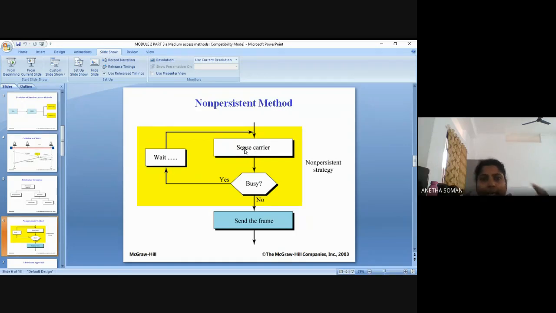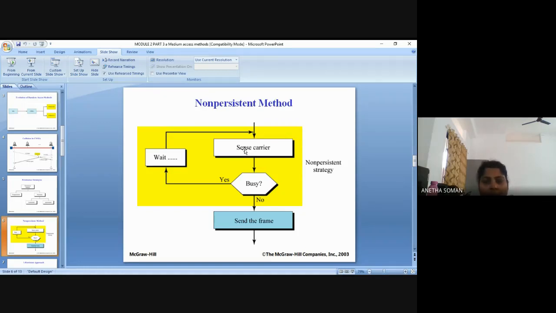The waiting time differs between stations, so this method reduces the chances of collision. Understood? The first method is the non-persistent method: if a station has a frame to send, it initially senses the line.